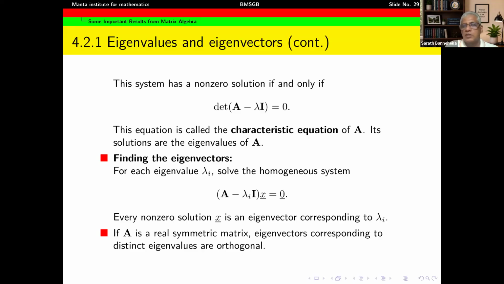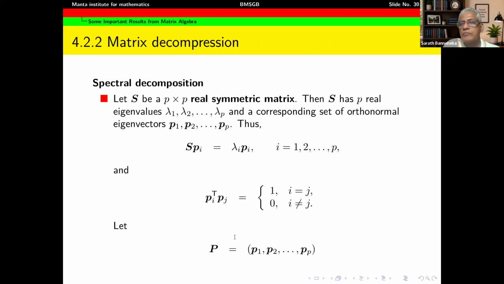We can normalize it if you want, but anyway they will be orthogonal, that is perpendicular. The vectors that we get by solving this kind of equation will be orthogonal if A is a real symmetric matrix. So that is a very brief reminder to you about eigenvalues and eigenvectors.